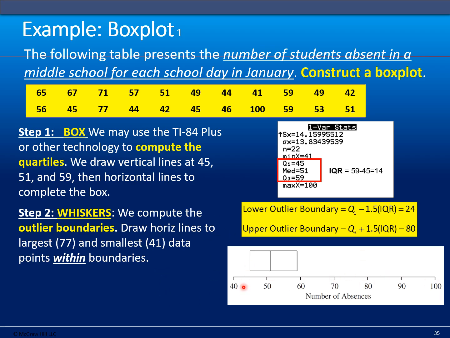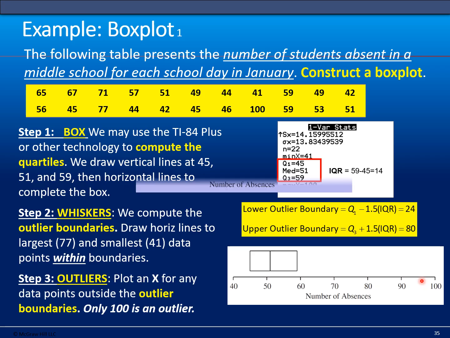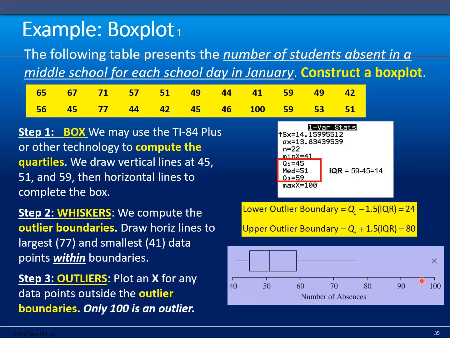We can see that this table does not go all the way down, so we're going to have to adjust the table. This is not a very good drawing that matches this data. And then the last thing is to put the outlier there.